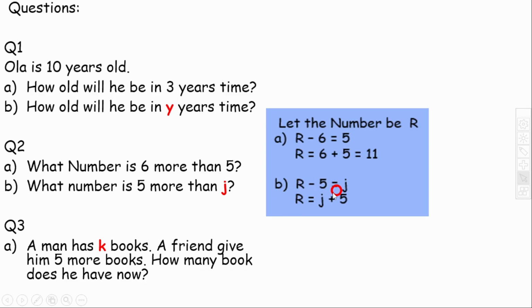This is still a good answer, but you can tidy it up to get the value of R. The value of R is equal to J, and minus 5 moves to the other side to give us J plus 5, because minus 5 will cross the equal sign bridge and turn to plus. So it becomes J plus 5. This is the final answer for R.